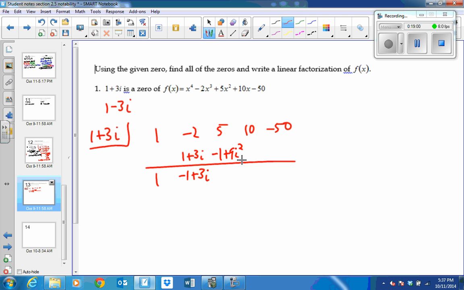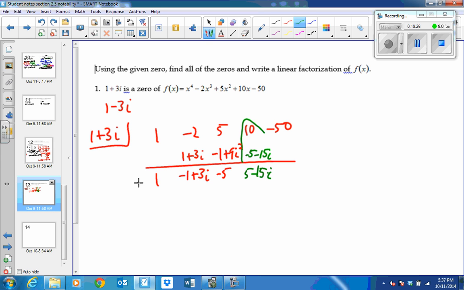That's -1 minus 9, which is -10. So 5 plus -10 is going to be -5. And now we're going to do 1 plus 3i times -5, which gives us -5 minus 15i. We're going to add that here with the 10, and that's going to give us 5 minus 15i.